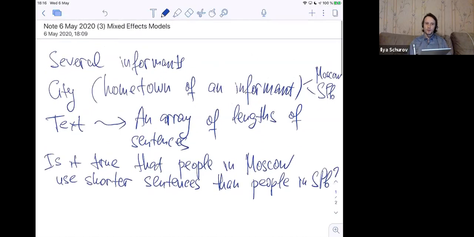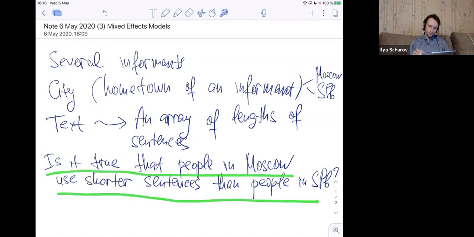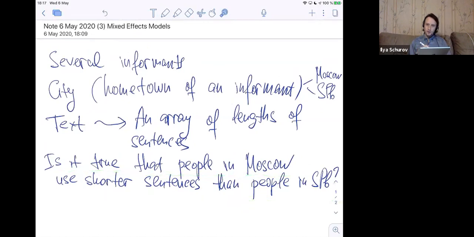So this is my research setting, and I want to answer this question. How will you proceed? Which statistical tools will you use in this case?